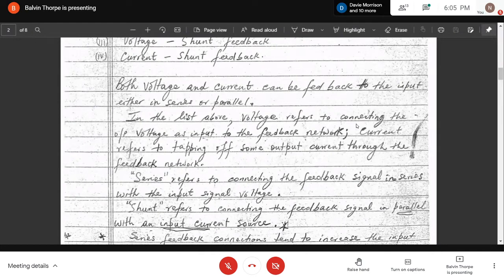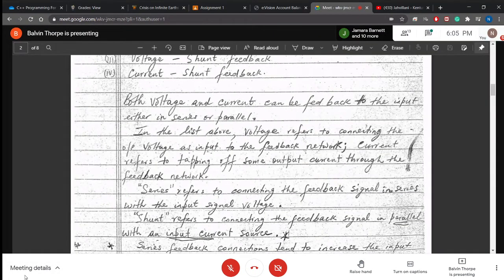Voltage feedback means that you're taking the output voltage and making the output voltage be the input to the feedback network. Correct. So tapping off. When we say tapping off, we're talking in parallel, right? Yes, sir. Of the output current through the feedback network.